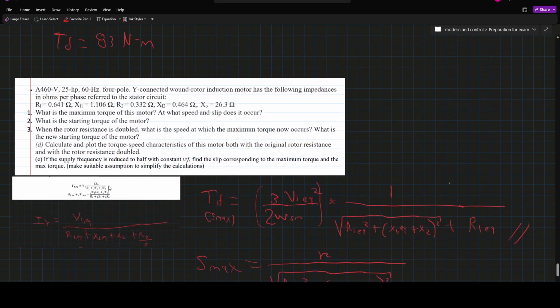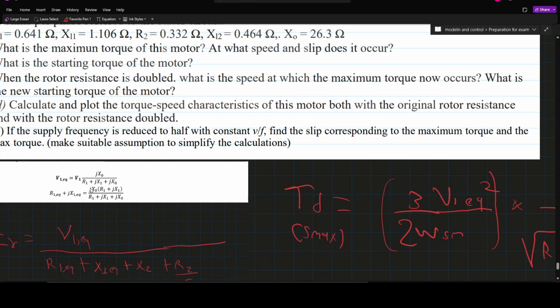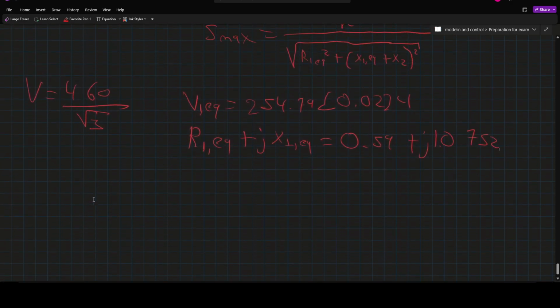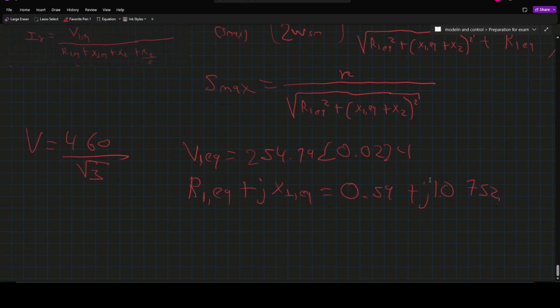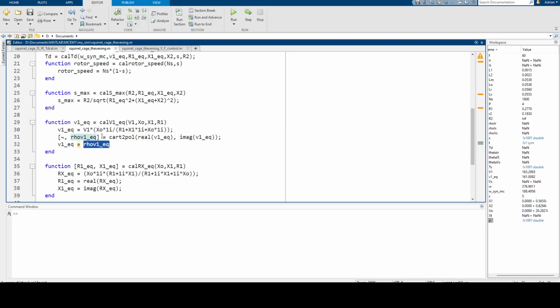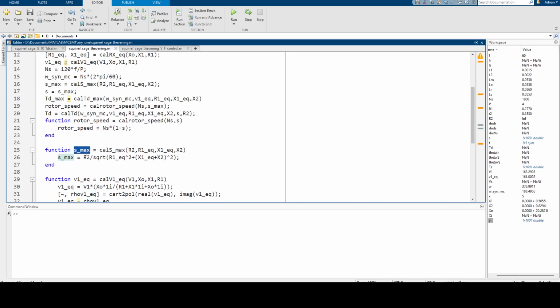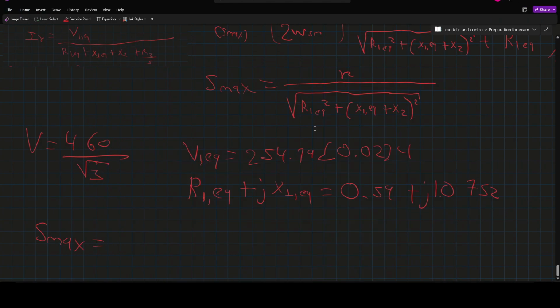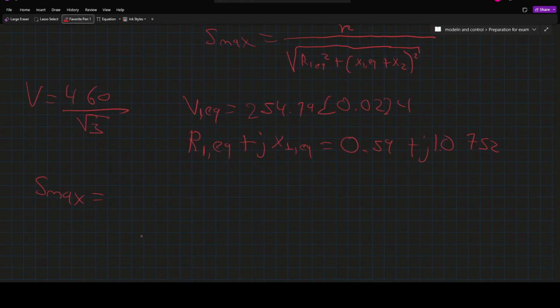I'm not doing it by hand because it is just plugging values. Again I created a function in MATLAB to get our maximum slip, which is just using the formula that we derived before, and we get a maximum slip of 2.014.